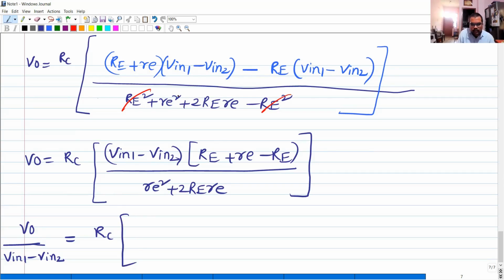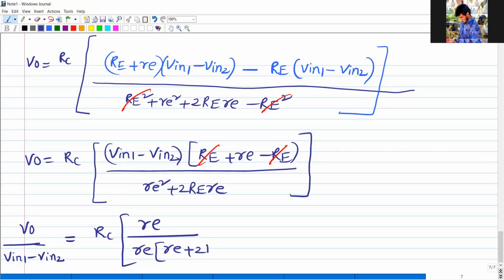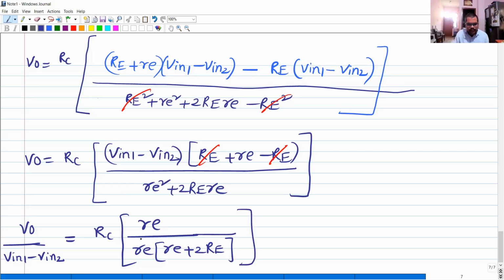Tell me, this one will be cancelled. And here I want to take the small RE as a common, RE into RE plus 2RE. Correct? Yes, sir.